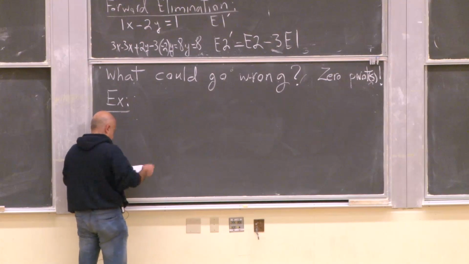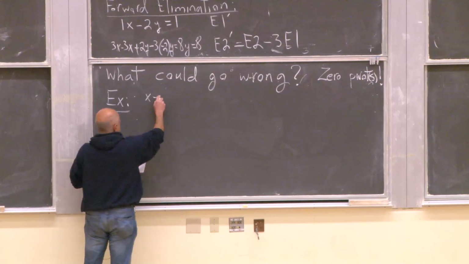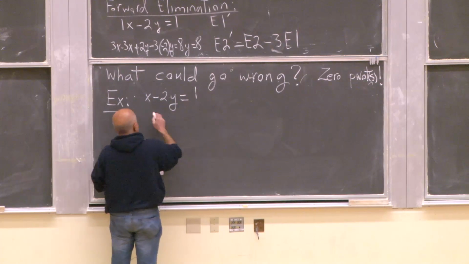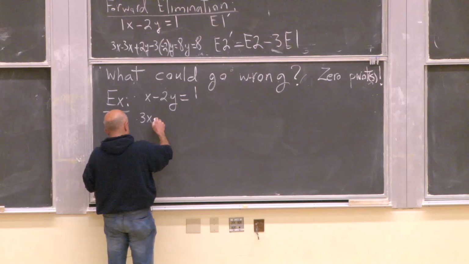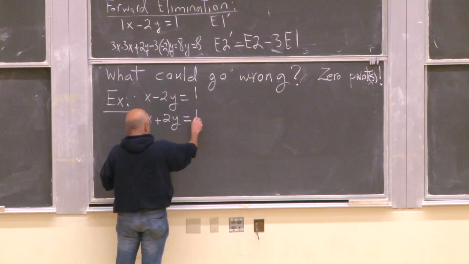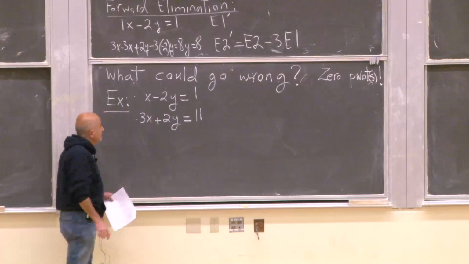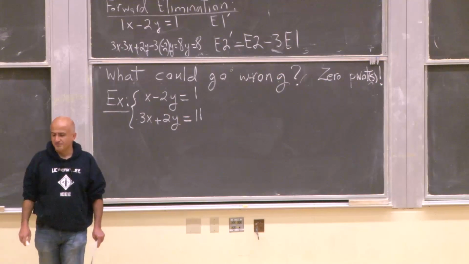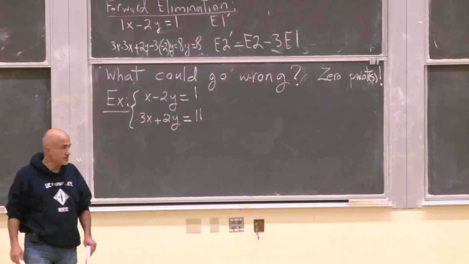So let's look at x minus 2y equals 1, and 3x plus 2y equals 11. Can you do forward elimination on this and see what you get?